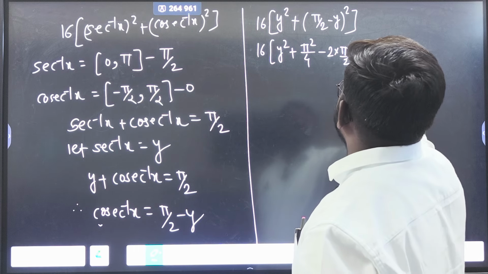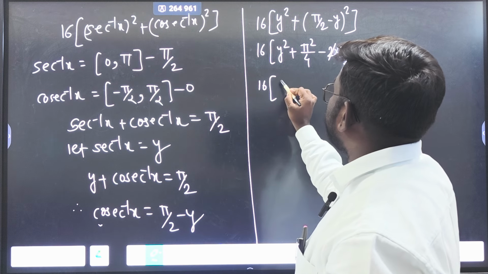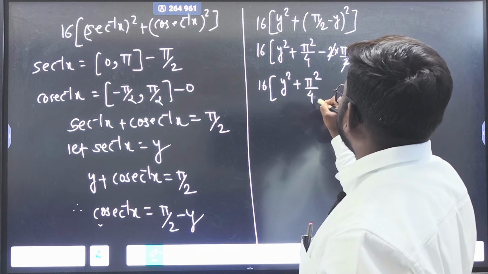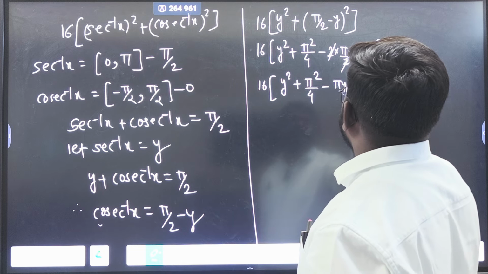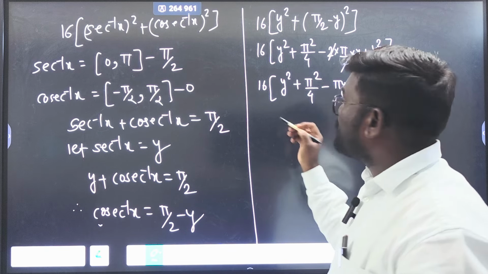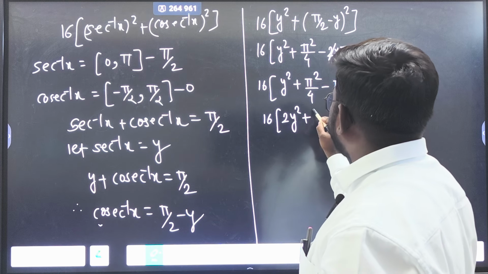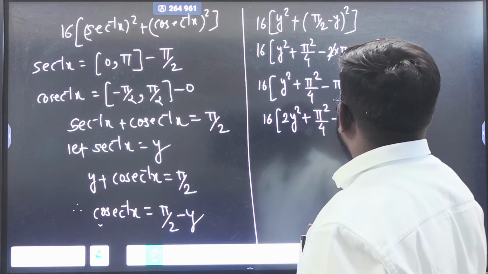Now this 2 and this 2 will get cancelled. So 16 in bracket: y square plus pi square by 4 minus pi y plus y square. Now this y square and this y square make 2y square. So 16 in bracket: 2y square plus pi square by 4 minus pi y.